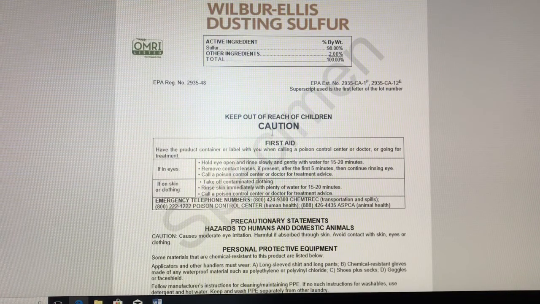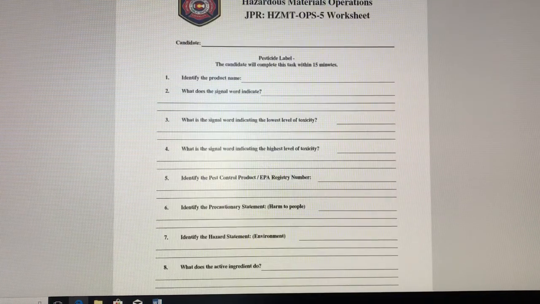So that signal word is going to be located somewhere, usually in bold print, and it's going to be a caution or a danger label. In this case, we have a caution. You can, if you want, include the keep out of reach of children, that's fine, but the signal word is caution in this case. So what it indicates is the level of hazard or toxicity.